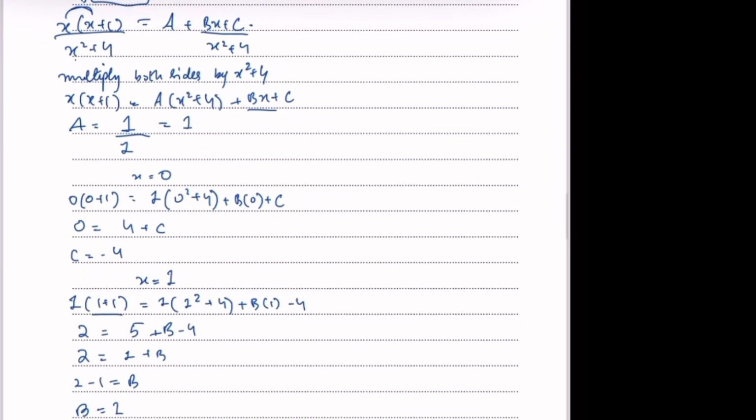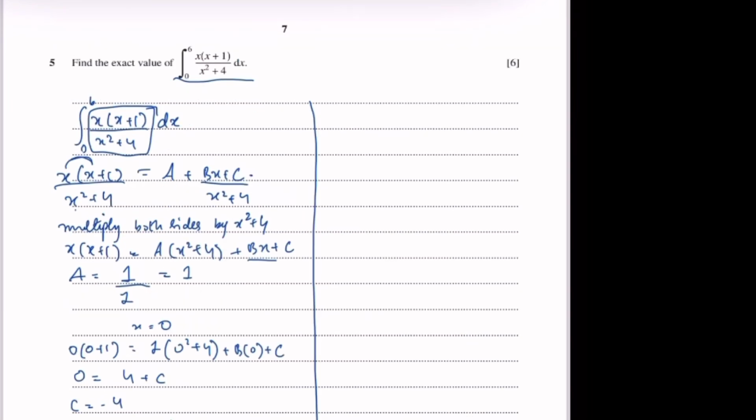And now this basically becomes the integration of 1 with respect to x within the limits 6 and 0, plus the integration of (x minus 4) divided by x squared plus 4 with respect to x within the limits 6 and 0. When we integrate 1, this basically becomes x, so x within the limits 6 and 0.